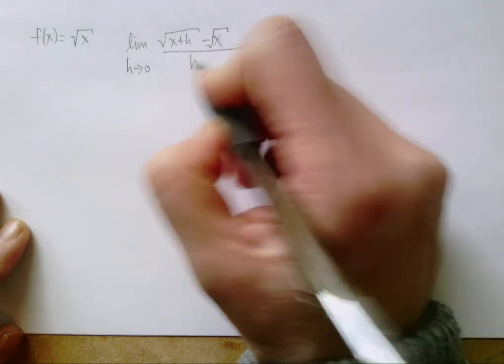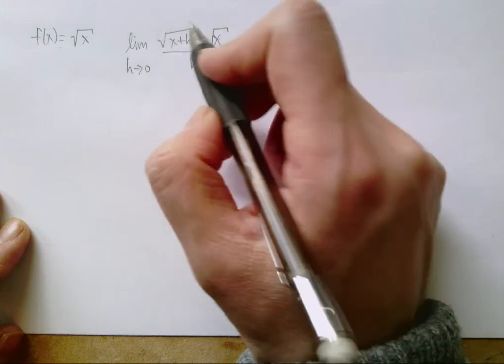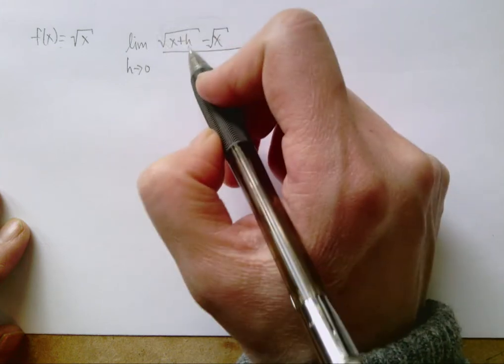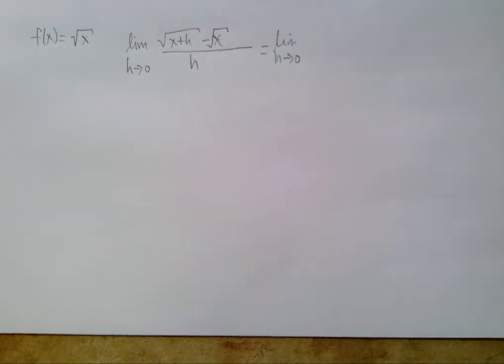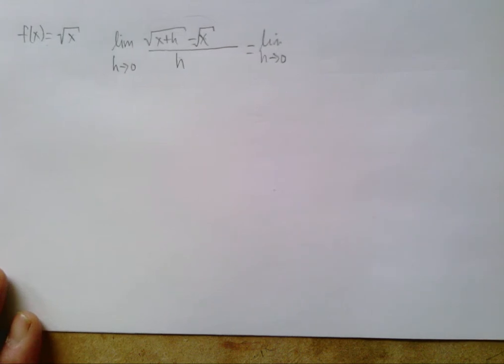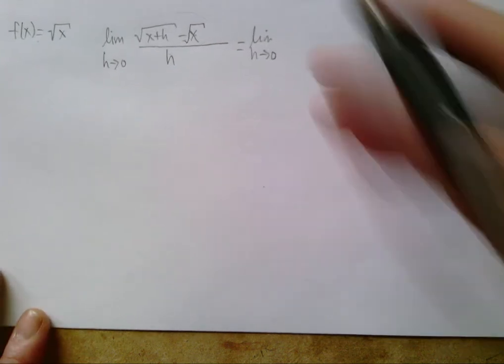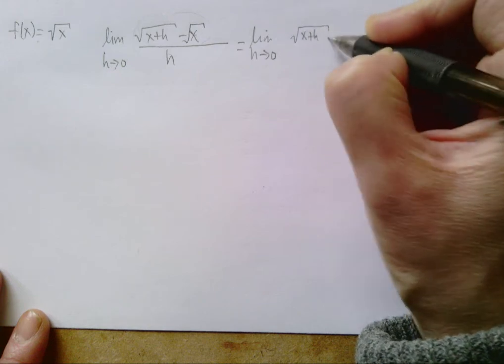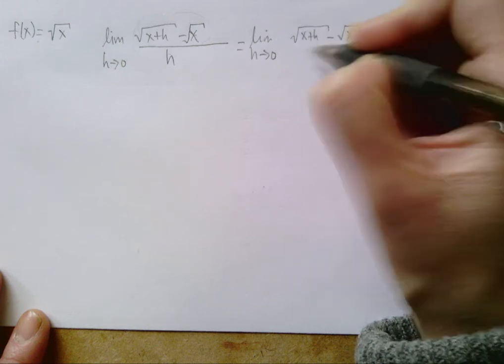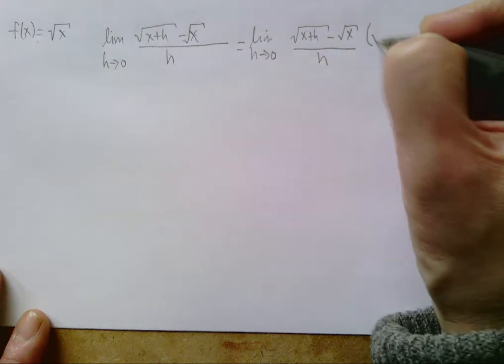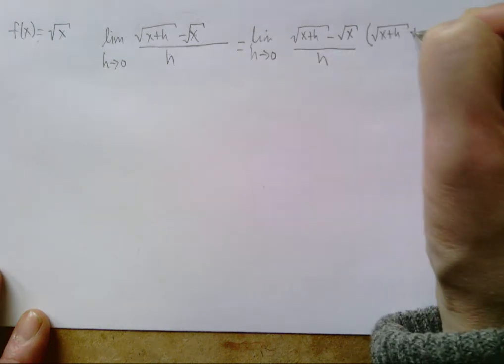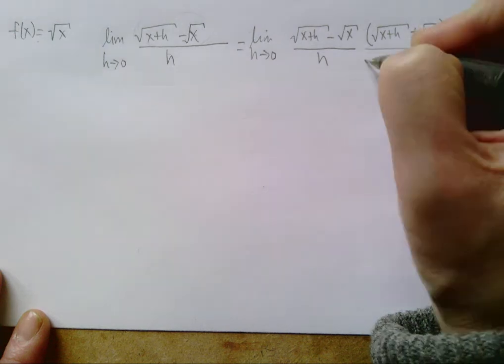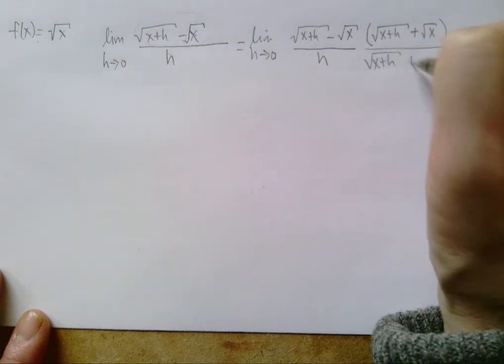At this point, we want to clear the radicals. In other words, get rid of the radicals. And again, from algebra, we know that we can multiply by the conjugate to do that. So let's multiply by radical x plus h plus radical x, over radical x plus h plus radical x.